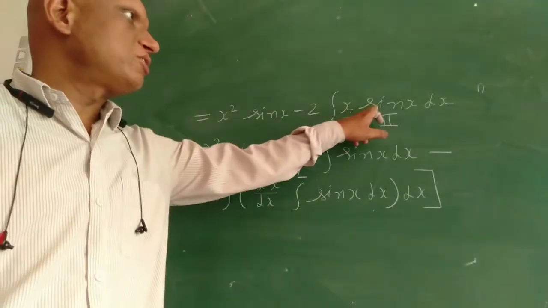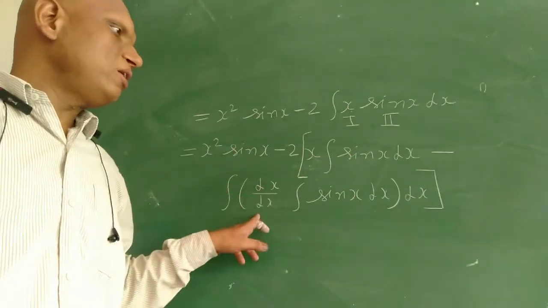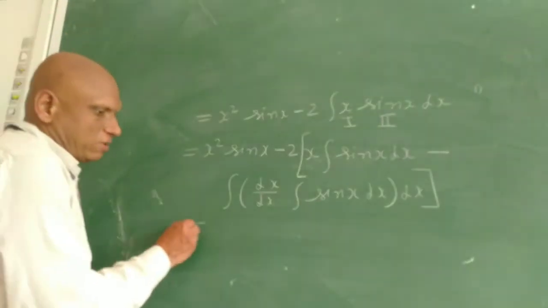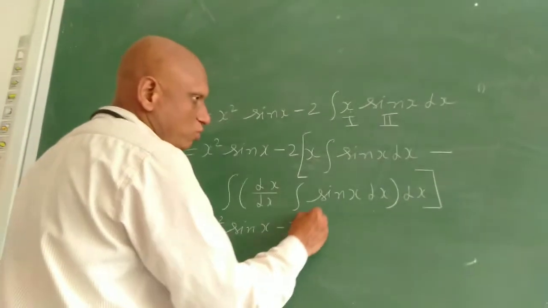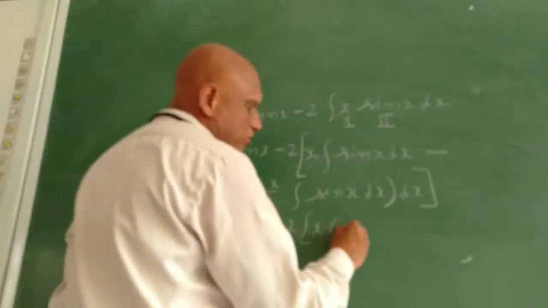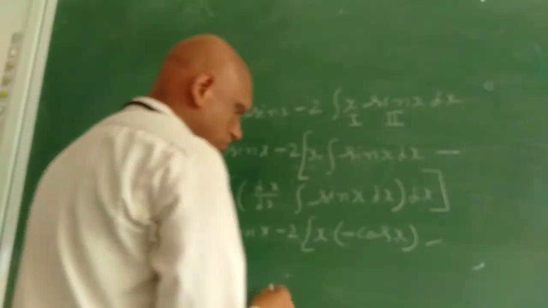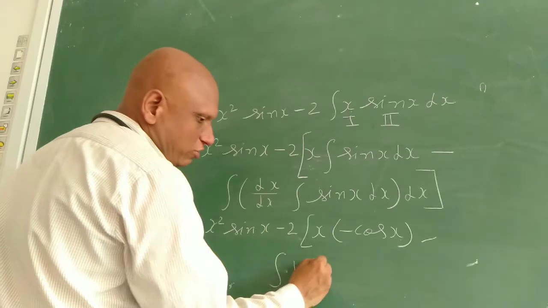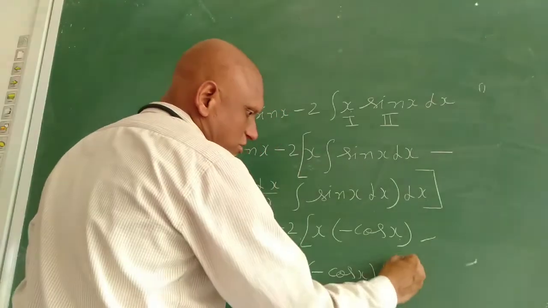First function, integration of the second function, minus the integral of the differentiation of the first function and the integration of the second function. X square sin x minus 2 times x. What is the integral of sin x? It is minus cos x, minus the integral of the differentiation of x, which is 1, integration of sin x is minus cos x, this one is dx, bracket close.